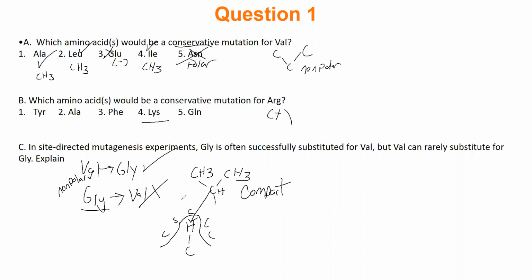But if it's the reverse, if I have this big bulky group and I'm trying to replace it with a little bitty hydrogen, well, glycine can fit in there, no problem. So it does have to do with the size of the side chain. Even though they might have the same characteristic, we also have to be aware that these amino acids have size. And so glycine to valine is usually not permitted in mutagenesis.